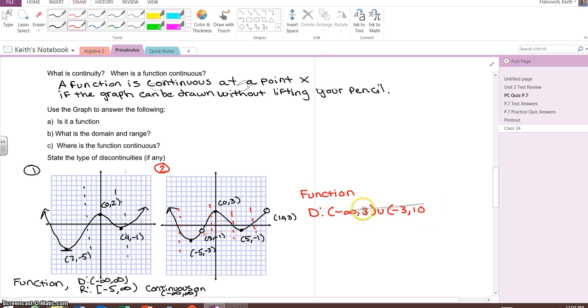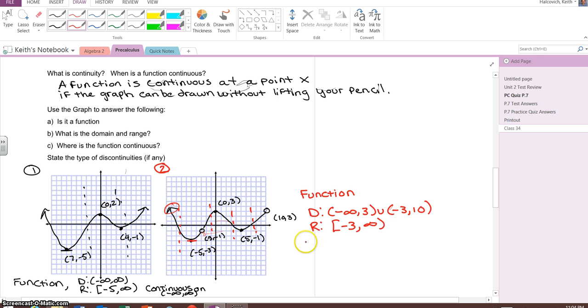And notice it doesn't include 10 because it stops at 10 right there. The range, if you notice, it goes up in that direction there, and the bottom part is here at -3, so it's basically greater than or equal to -3.